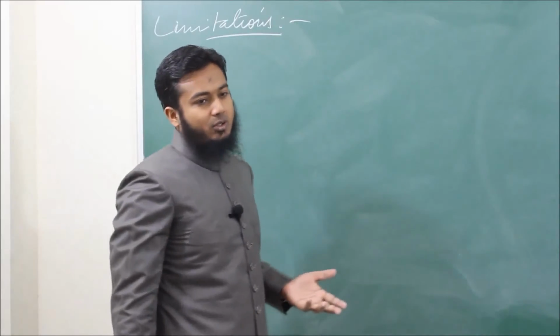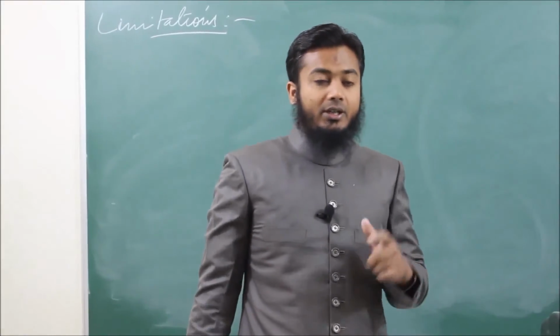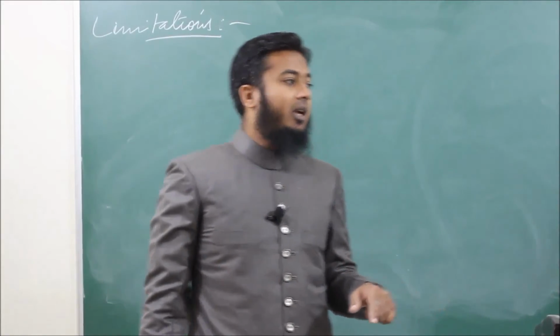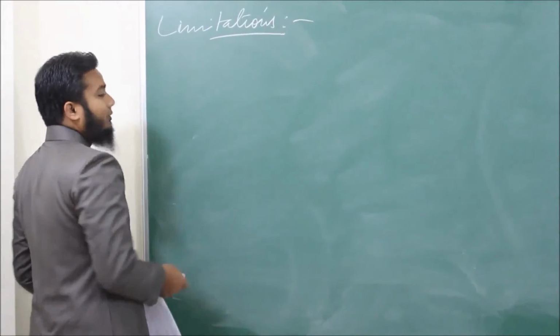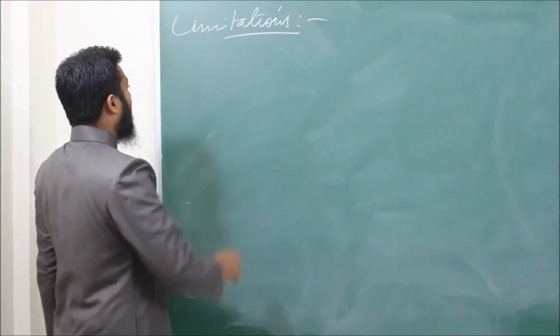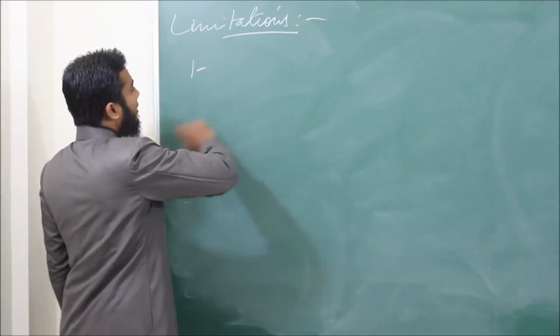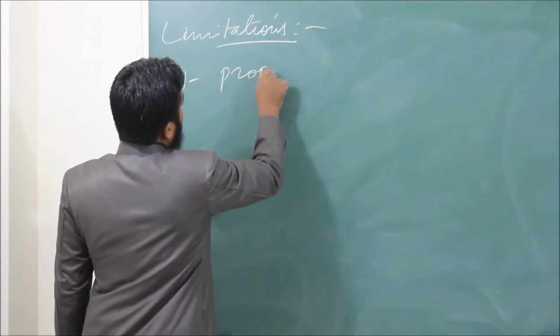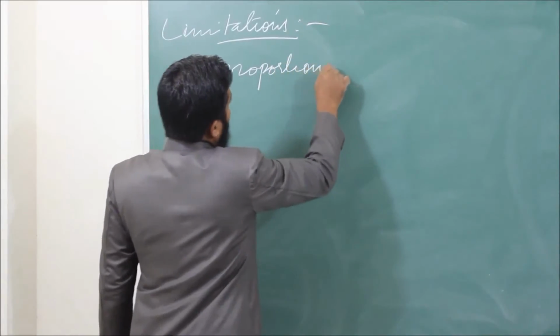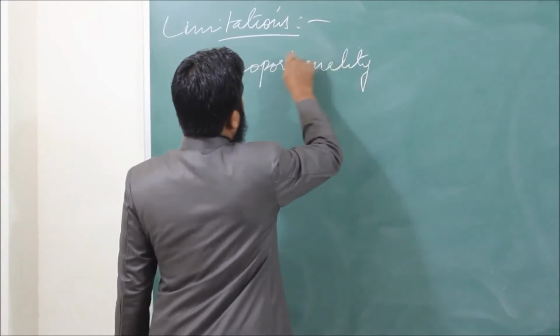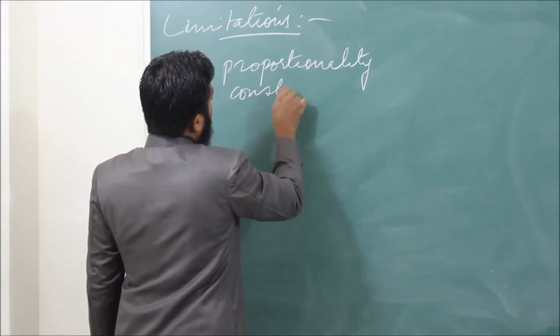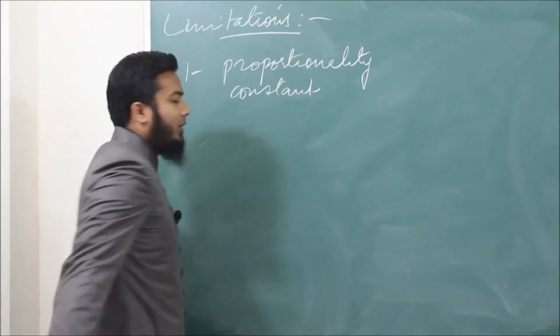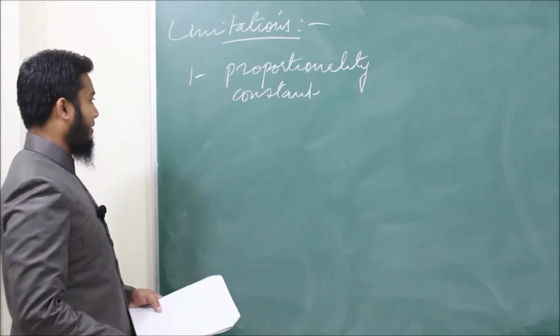If any proportionality constant appears in the formula that we are deriving, we cannot find its value. The value of a proportionality constant cannot be calculated by dimensional analysis.